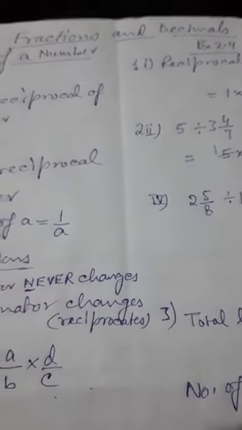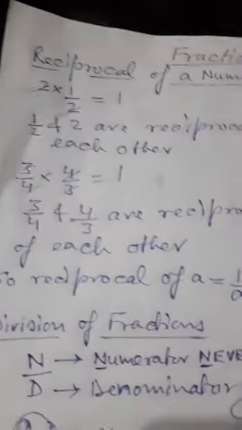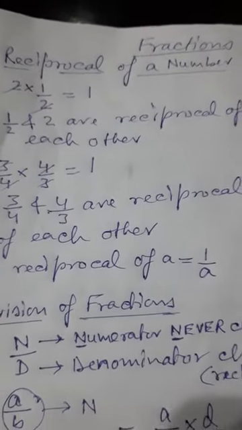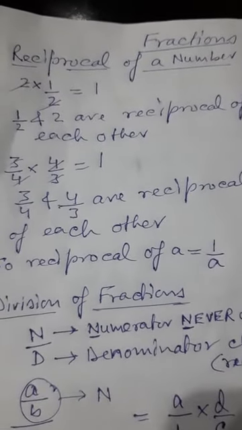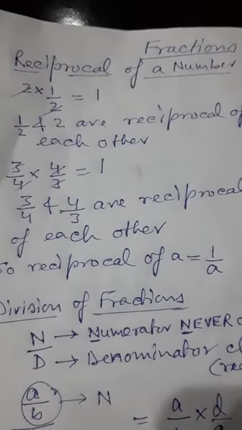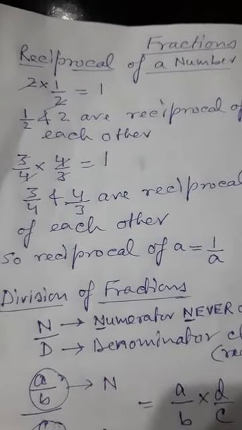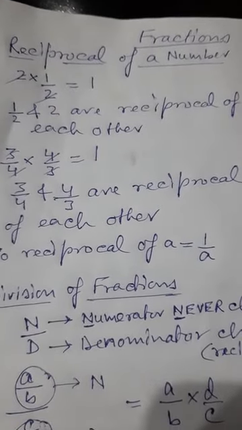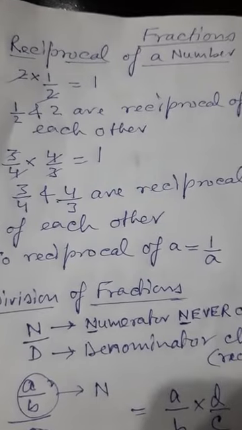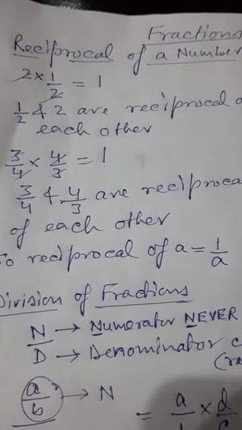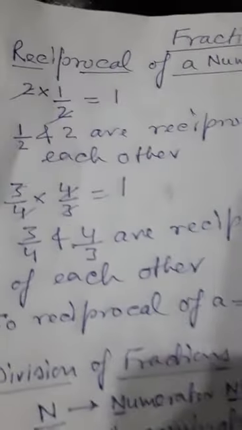Today we continue with the chapter Fractions and Decimals. Do you know what is reciprocal of a number? If product of two numbers is 1, then the two numbers are called reciprocal of each other.